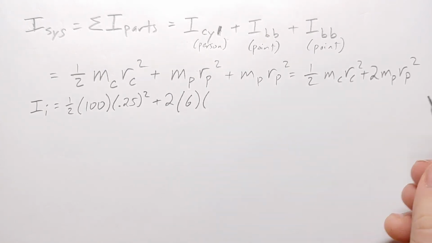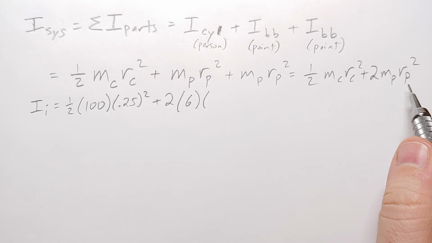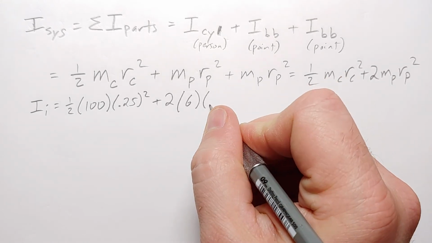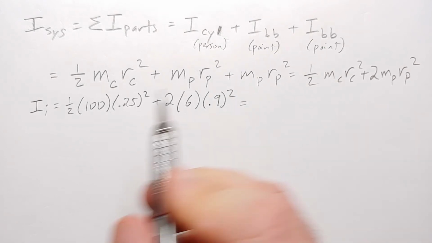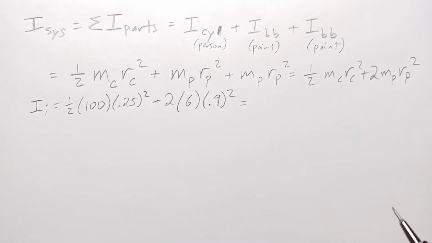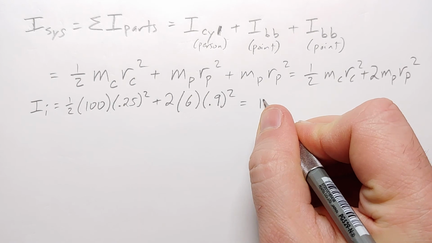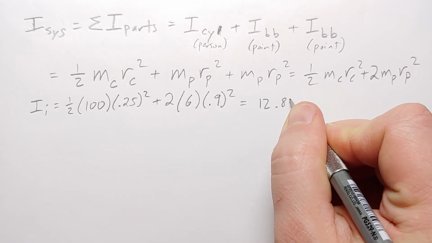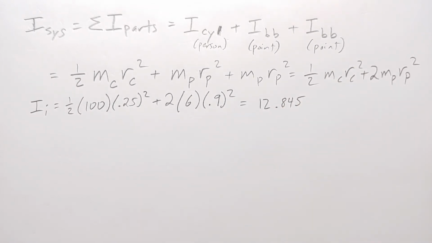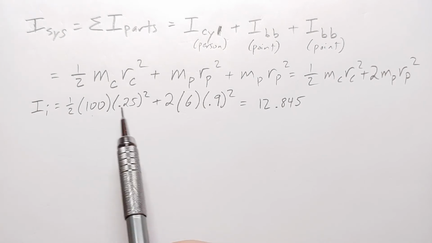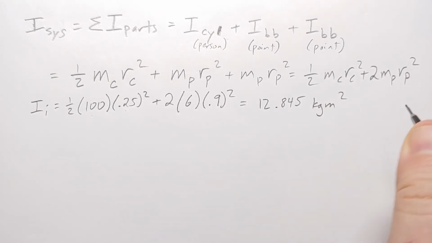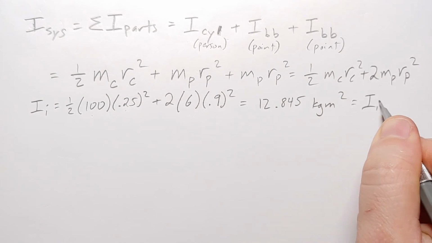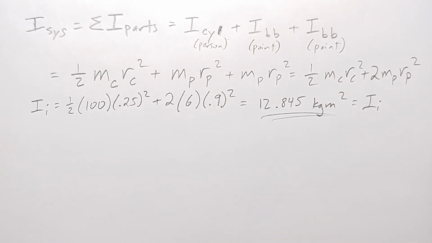And the radius that the bowling ball started at initially was 0.9. And so if we plug that all in, we're going to start with a moment of inertia of 12.845. This is kilograms, this is meters squared, so kilogram meters squared. Okay, so that's our initial moment of inertia.